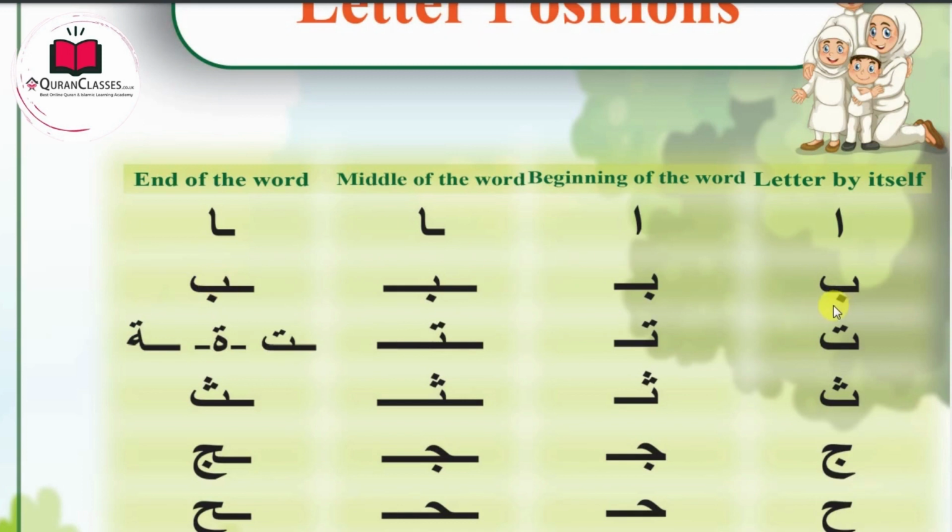Now we're going to the second one. It's Ba. When we read and write Ba by itself, it looks like that. When we write it at the beginning of the word, it looks like this. After that we have it in the middle of the word.